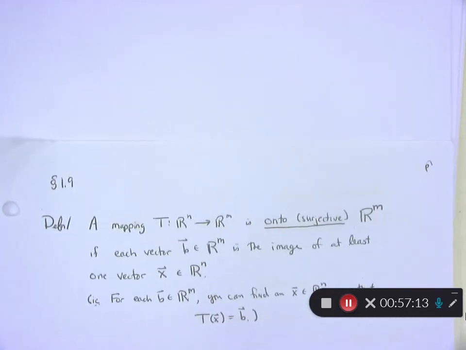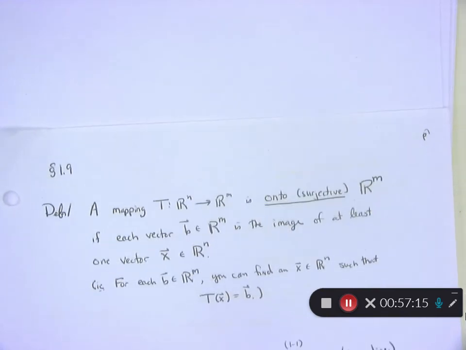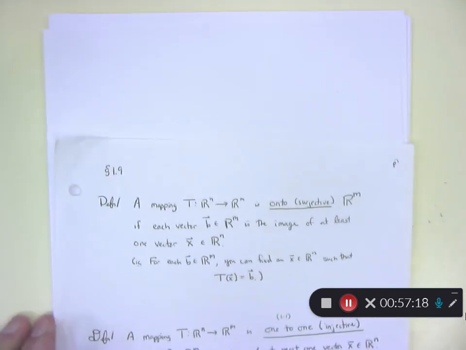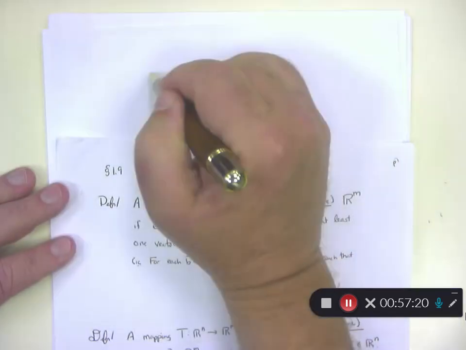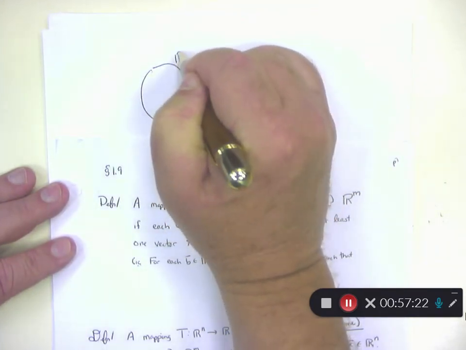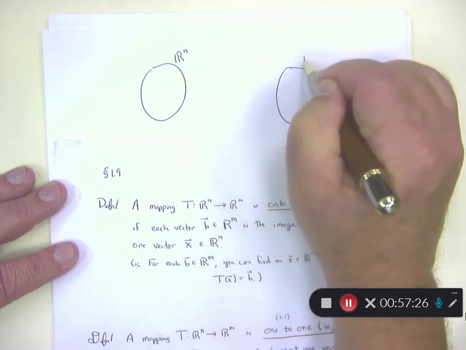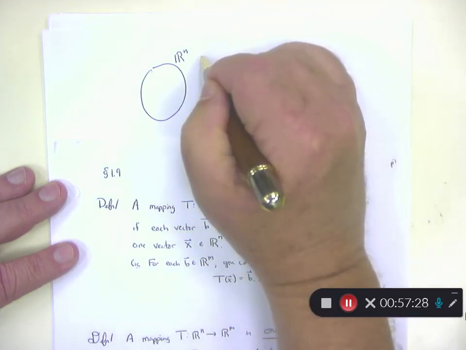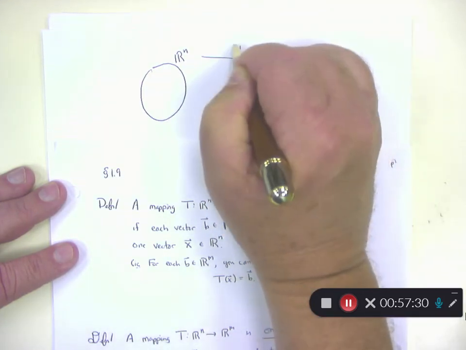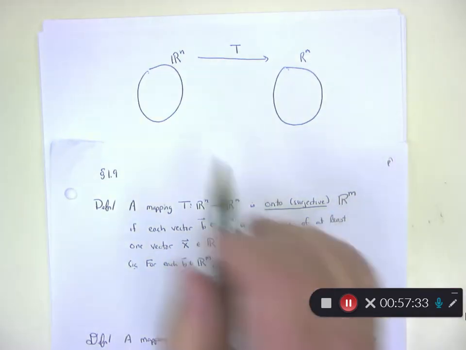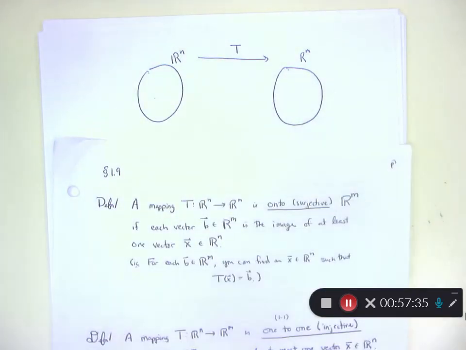So let me slide this down for you just a little bit. And let me see if I can draw you guys a picture. All right? So, here's what you got. This is the wonderful world of Rn. This is the wonderful world of Rm. And T is your linear transformation that maps from this world Rn to this world Rm.